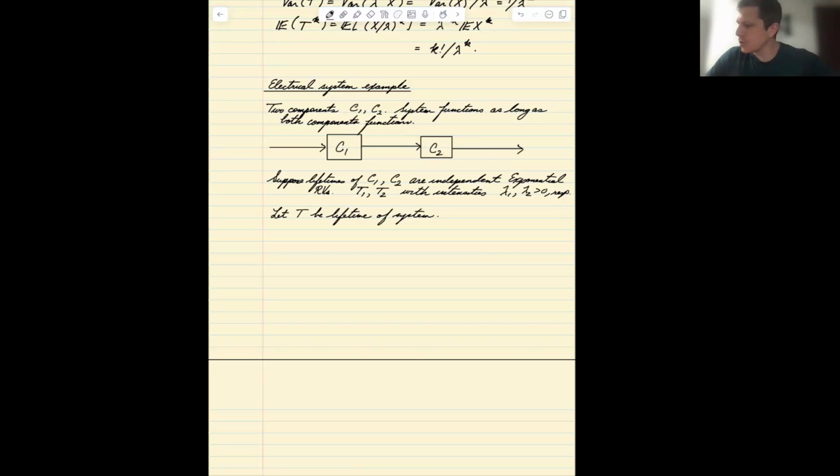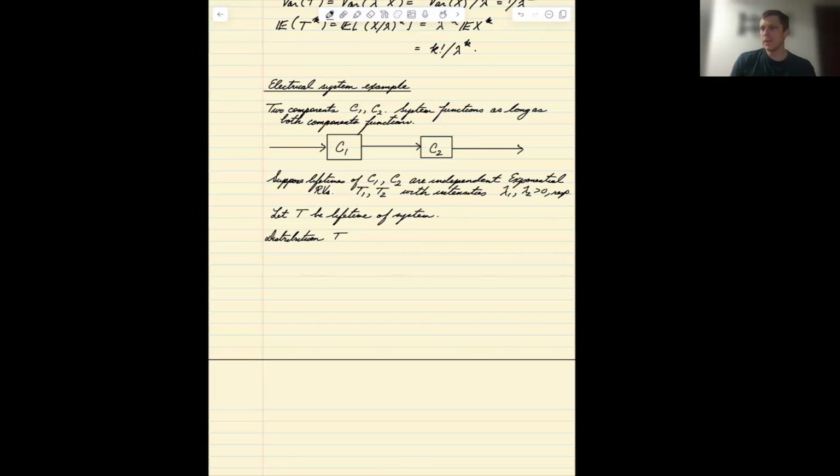Okay, so how do we describe the distribution of T, the lifetime of the system? Well, we're modeling the system in terms of the two components, and we're modeling the components in terms of their lifetimes, as independent exponentials. So the lifetime of the system is going to be dependent on the lifetime of the two components.